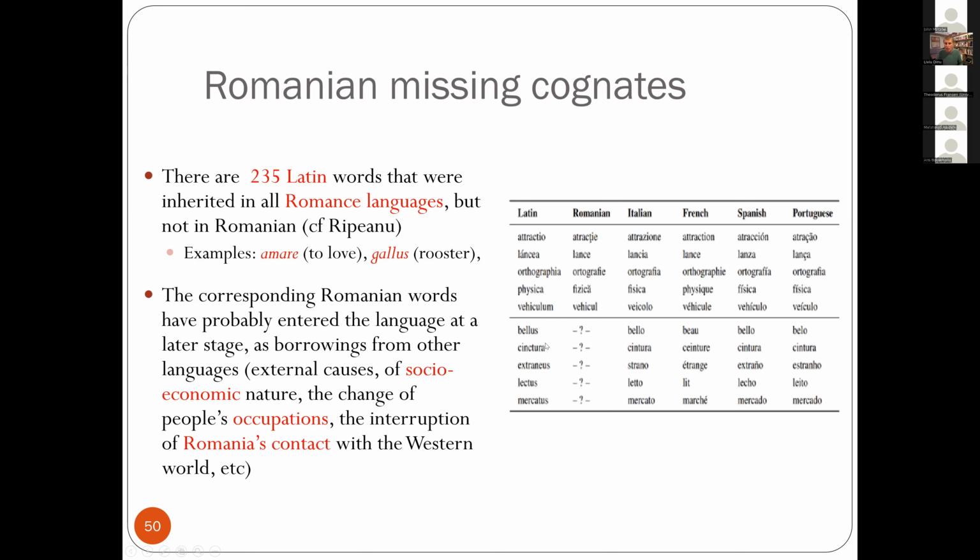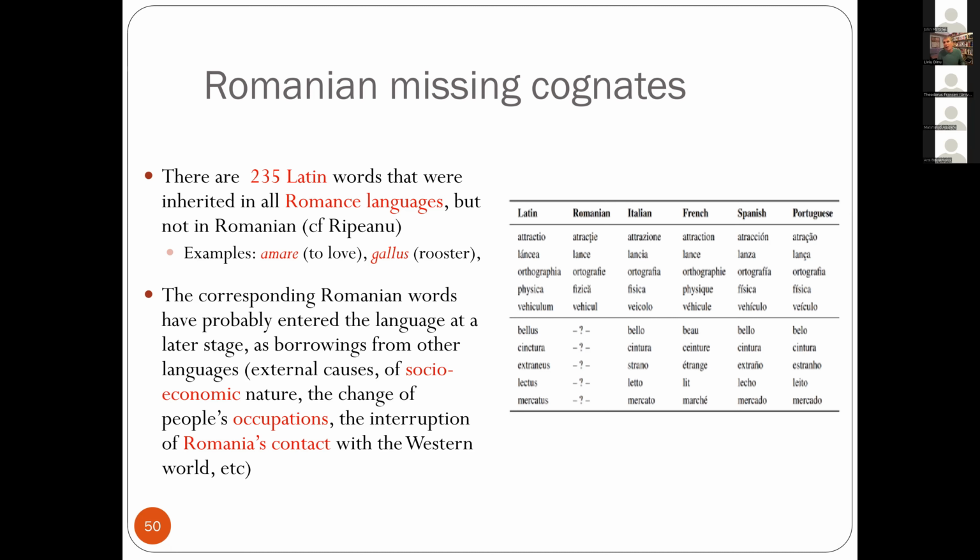For example, to love, which I like to use: there is a Latin ancestor in Italian, French, Spanish, Portuguese, but in Romanian, no. They have a Latin ancestor, amare, in all the other Romance languages, but in Romanian, the ancestor of iubi is a Slavic one.